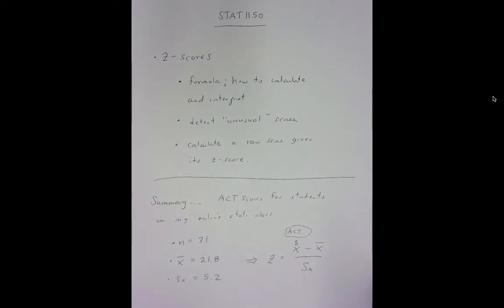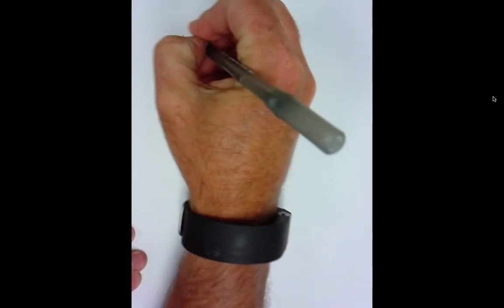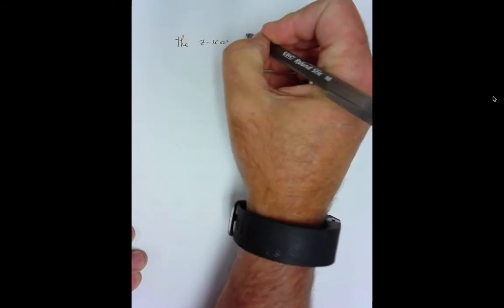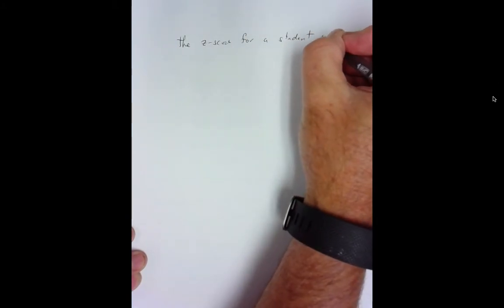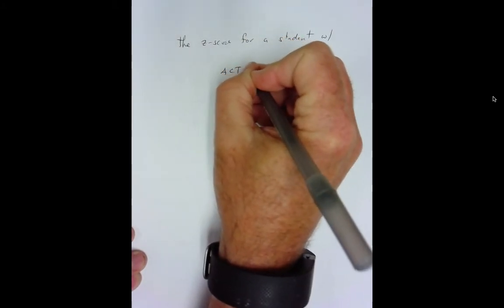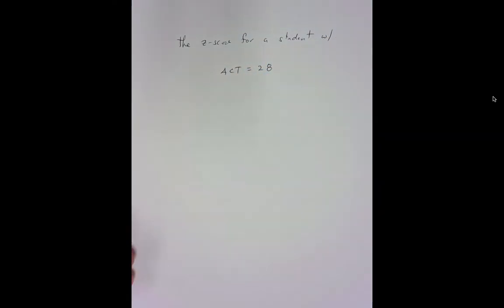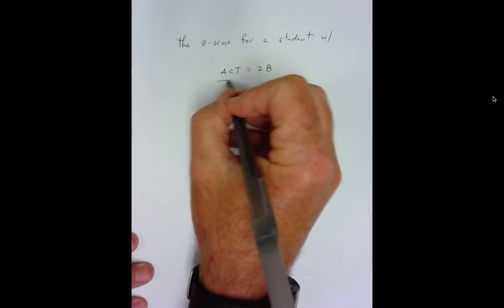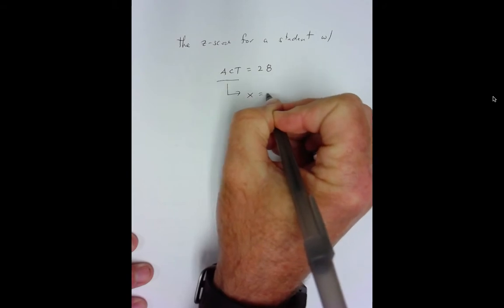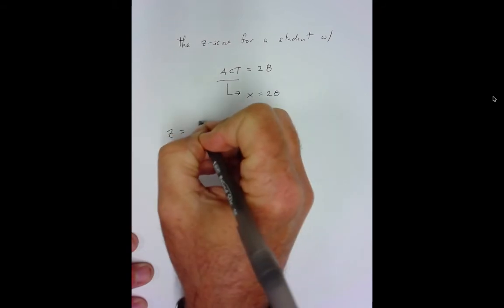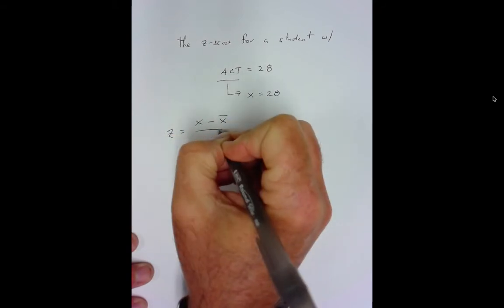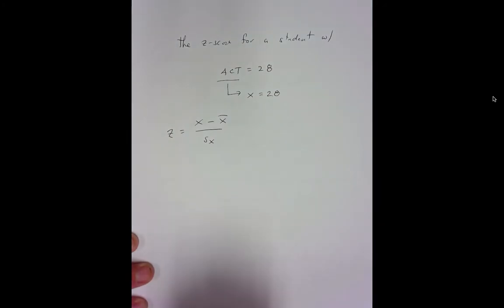So guys, the way this would work, the z-score for a student with an ACT of 28. So since the ACT is what we're focusing on, we can say that this is x equal 28. So therefore the z-score would be x minus x bar over the standard deviation.